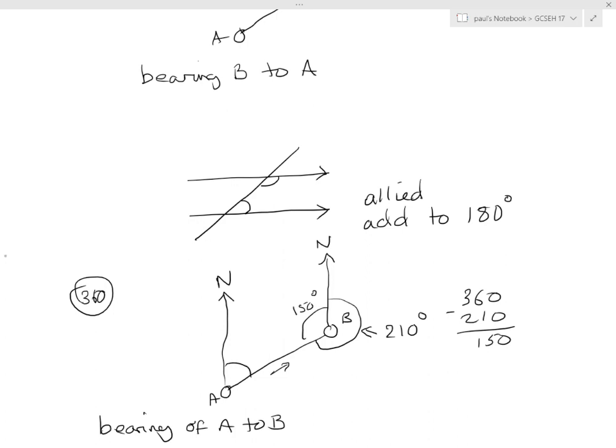And we want to find this one, the bearing of A to B. Now, because these two are facing north, we can say that they are parallel. It's flat, Euclidean geometry. So this one and that 150 will add together to make 180. So all we need to do is 180 minus 150 equals 30. So this angle here is 30, and that is our bearing of 30 degrees.